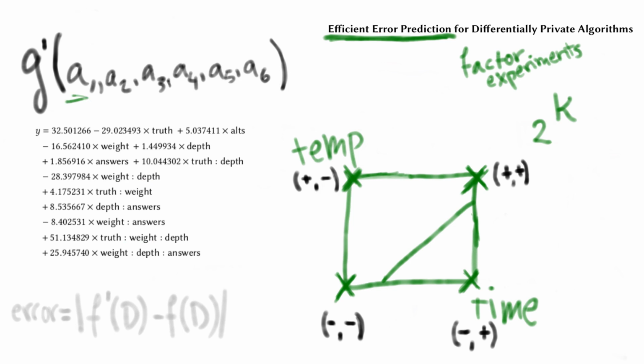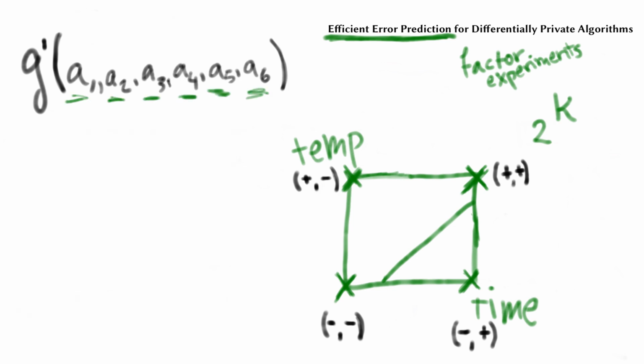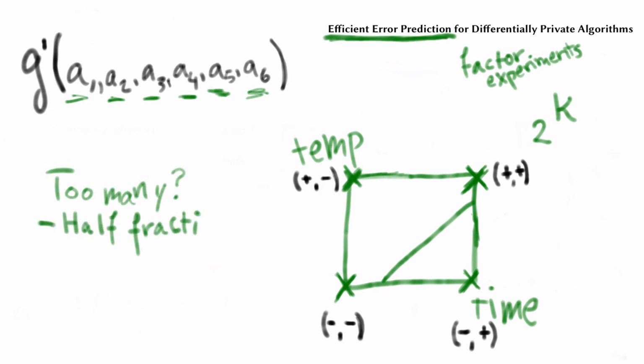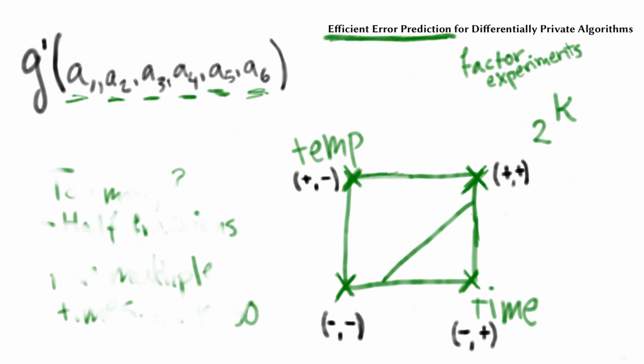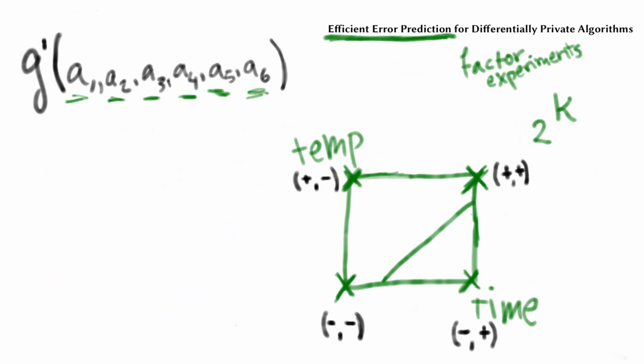First, identify the variables in your algorithm. If you end up with many variables, it is possible to systematically run a smaller version of your experiment to discover if there are variables that can be excluded. Then, since error in differential privacy is probabilistic, measure each setting multiple times to get the average error. Then, run your experiments and create your linear model.